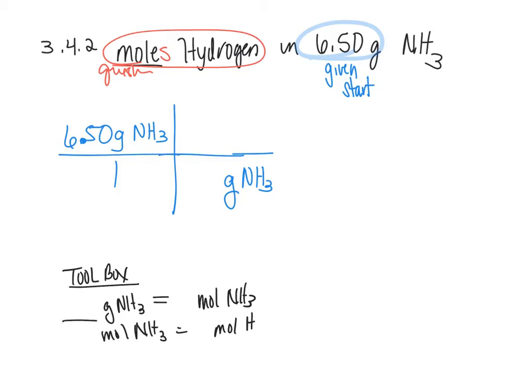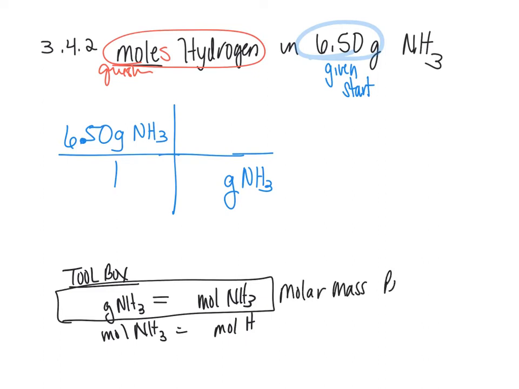So whenever you do gram to mole, this is molar mass, and you find this on the periodic table. And so 1 always goes with the unit mole, and then this you have to look at the periodic table. So we have 1 nitrogen and we have 3 hydrogens.